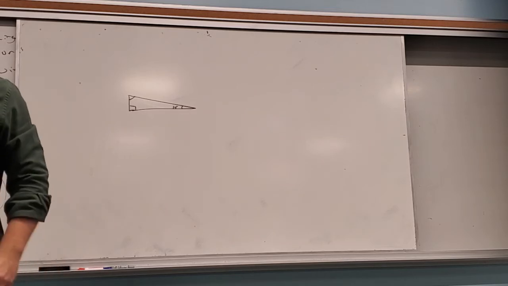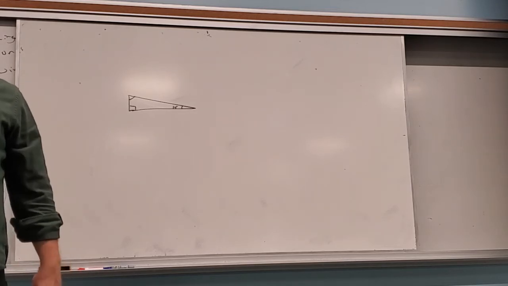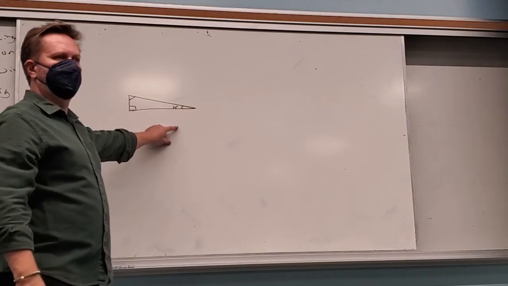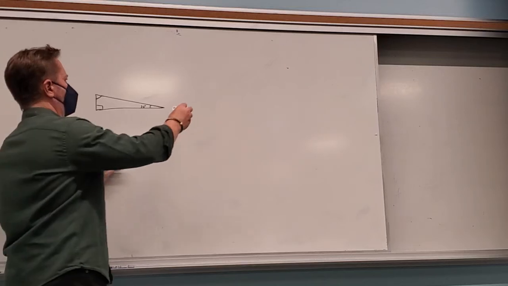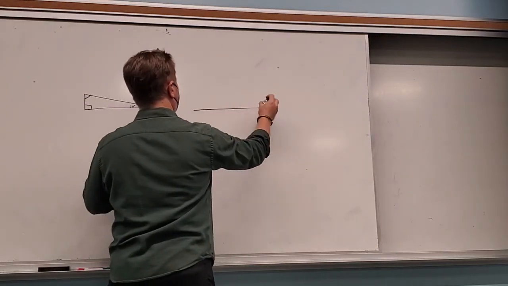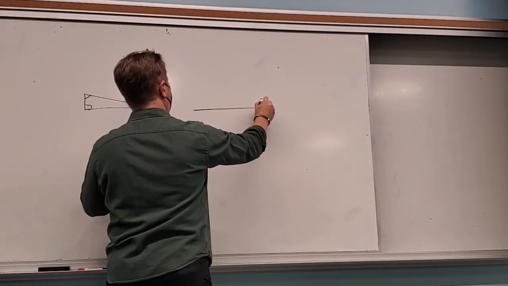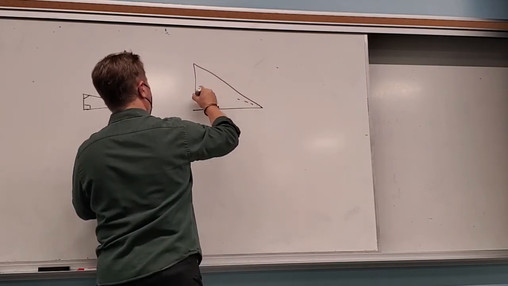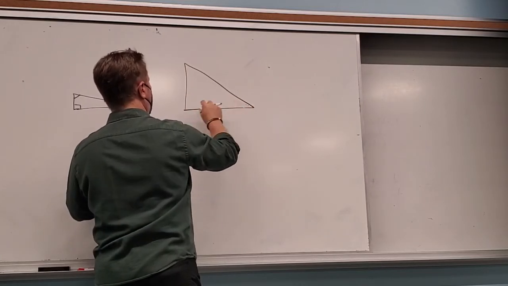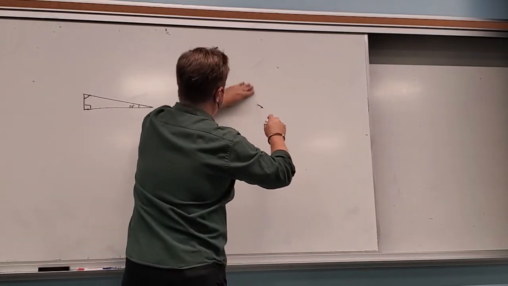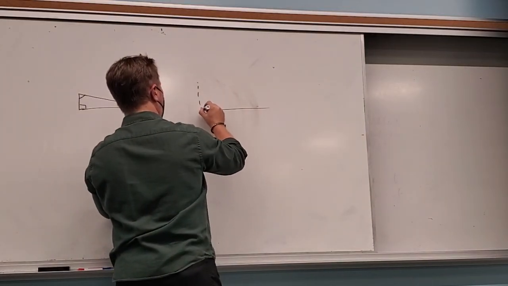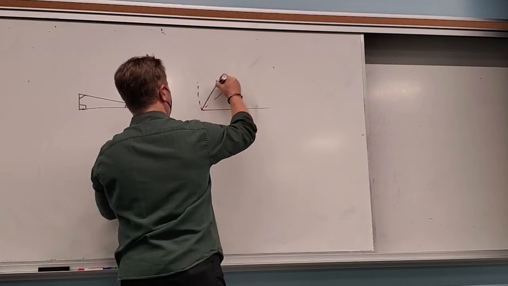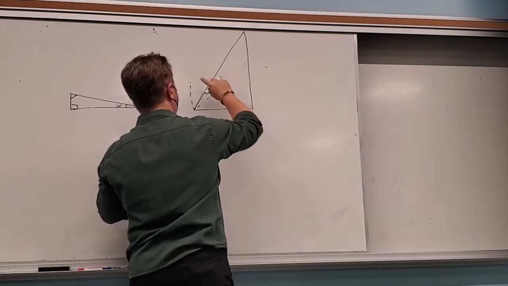Can you eyeball that? This would be about halfway, so 60 would have to be a decent amount more than that. So this is about 45, and 60 should be maybe right there.